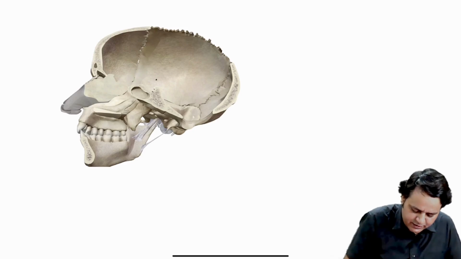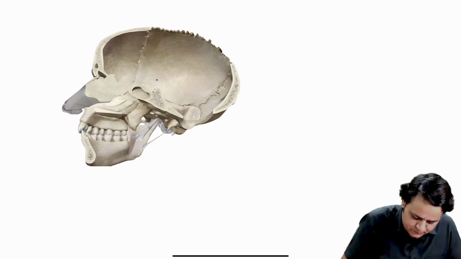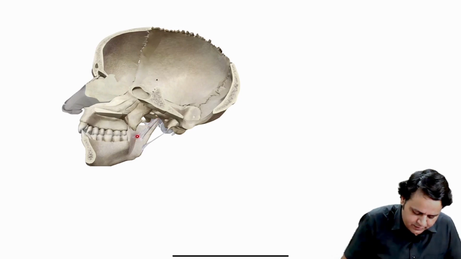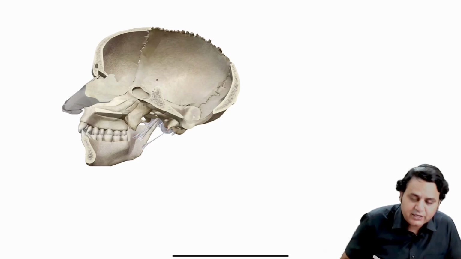So this is the styloid process, and this is, I have told, the lingula. Sorry, this is the spine of the sphenoid bone, and this is the lingula. This is the styloid process, and this is the angle of the mandible.